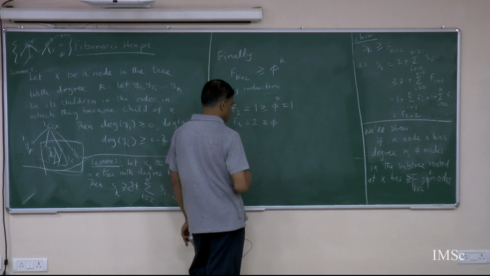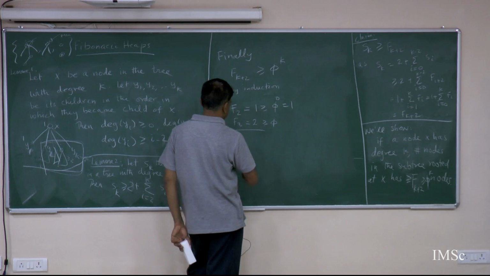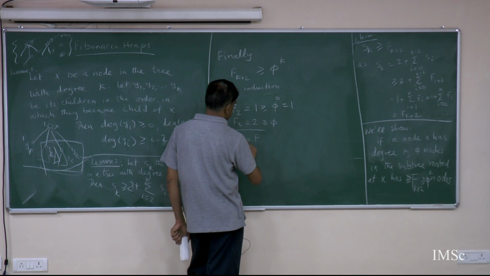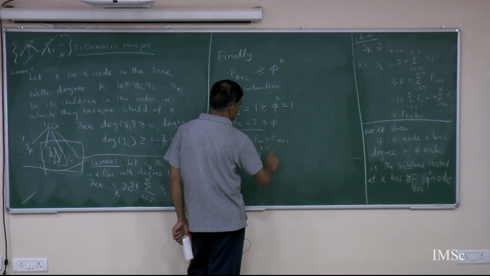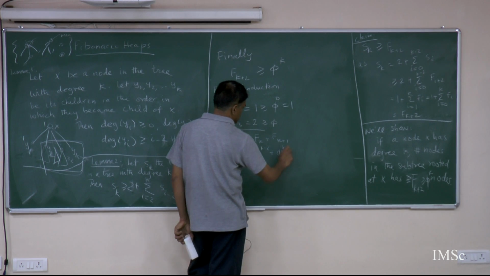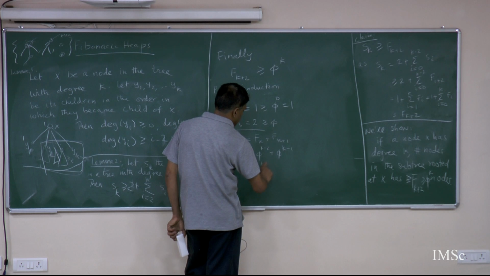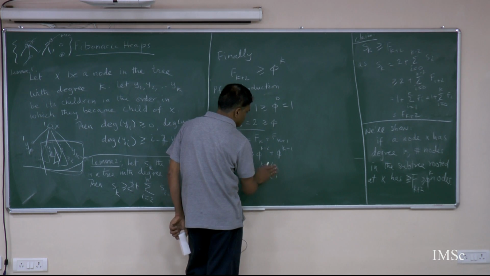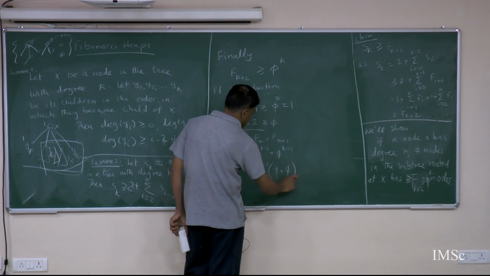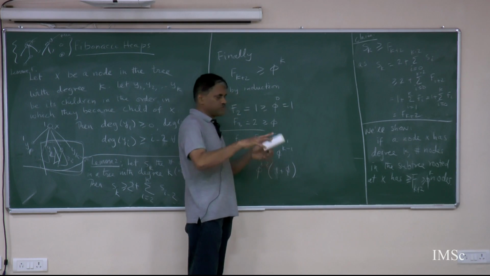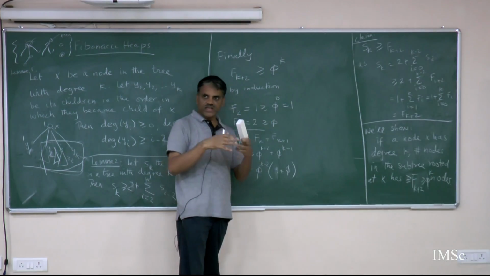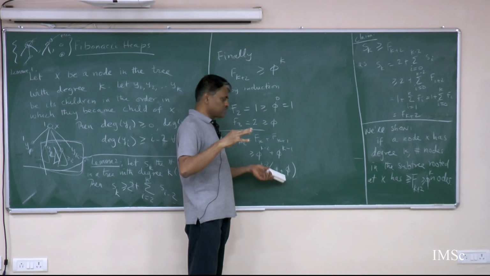So assume it's true for smaller values of k. Then I have F(k+2) equal to Fk plus F(k+1), and this is greater than or equal to phi to the k minus 2 plus phi to the k minus 1, which is phi to the k minus 2 times (1 plus phi). Now, remember the Fibonacci numbers, the generating function: if you write the equation, it satisfies x plus 1 is equal to x squared.